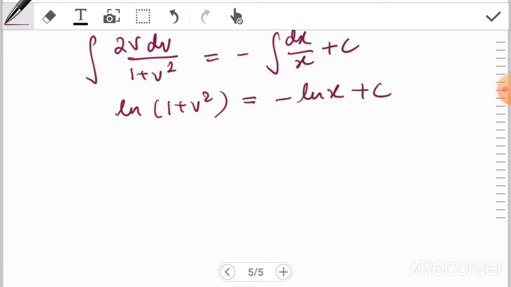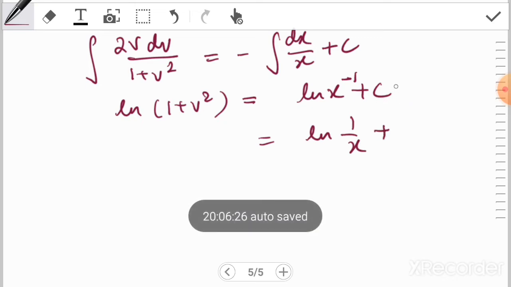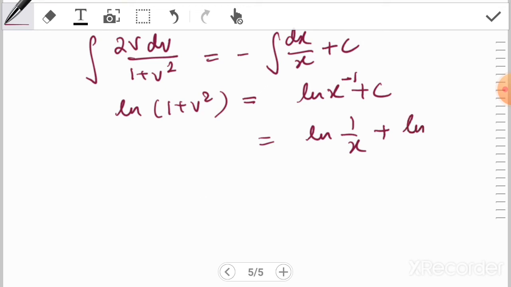Okay, and we can take this minus on the power of x. So log of 1 by x plus, so this constant we can write as log of some other constant, right?